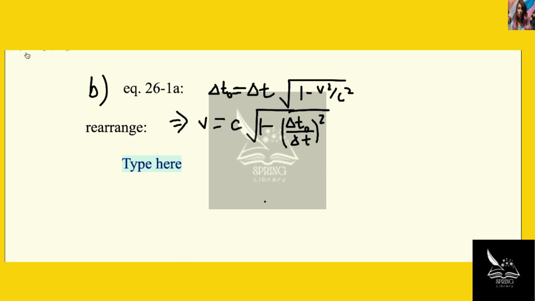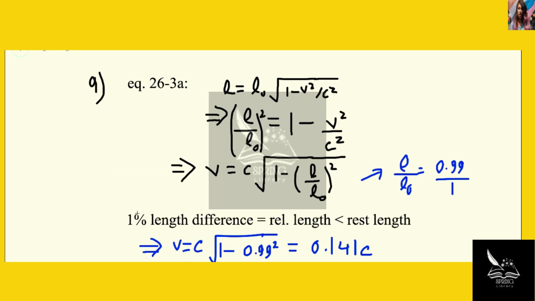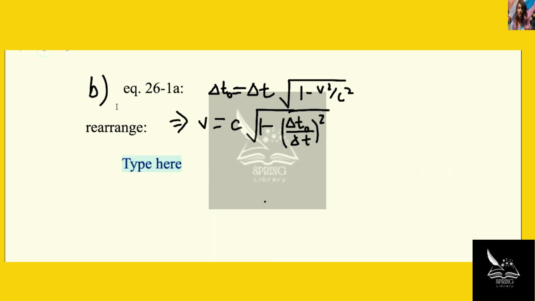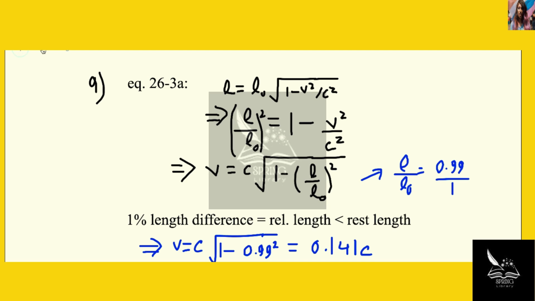we find something similar to here, where we're talking about the length difference. Now with time, a 1% difference in time means that, remember, moving clocks are slower, they measure longer times than clocks at rest.